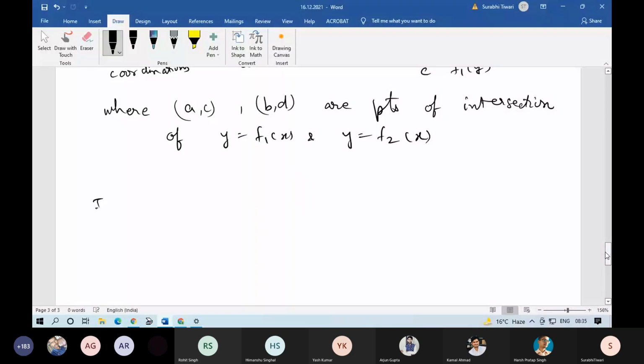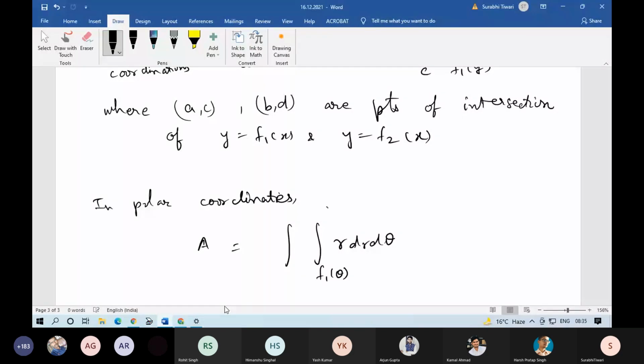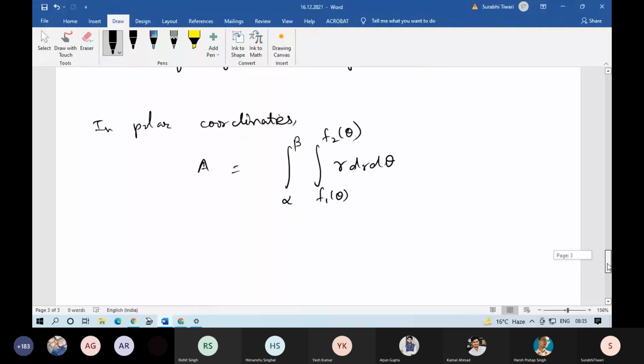So in polar coordinates, area is equal to the integral of r dr d theta from f1(theta) to f2(theta), and the value of theta varies, say, from alpha to beta. Okay? So take a question on this.